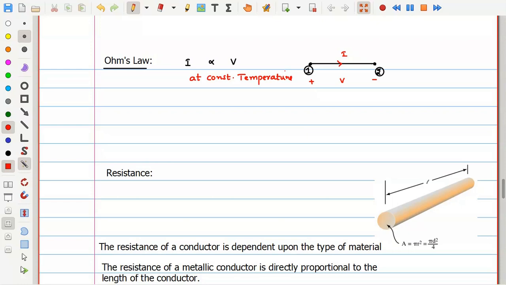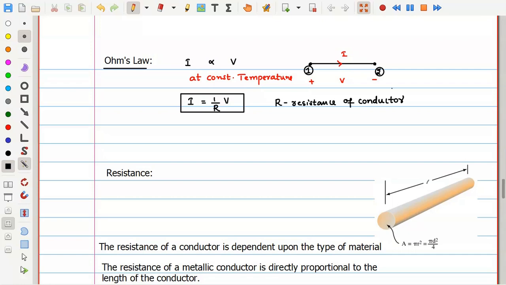That leads to another discussion which we call non-linear elements. Let us restrict our discussion to linear elements, where at constant temperature the current through any conductor is proportional to the applied voltage. We usually take this proportionality constant as 1 by R, where R is the resistance of the conductor.